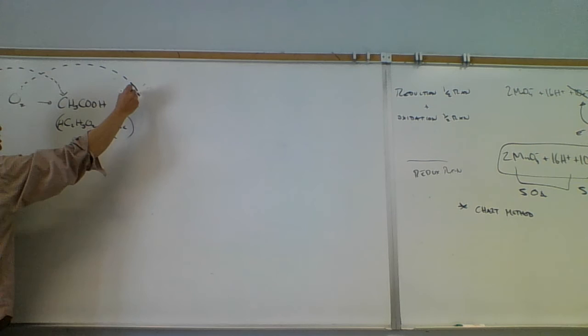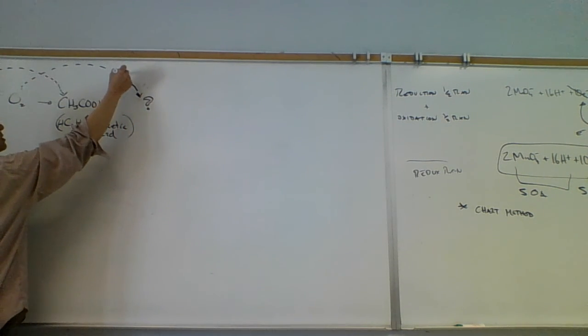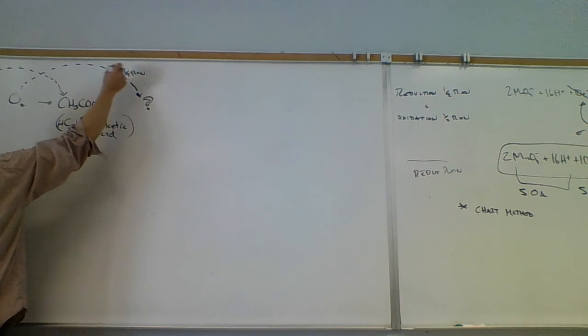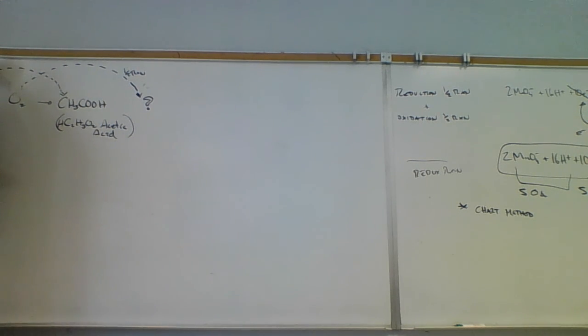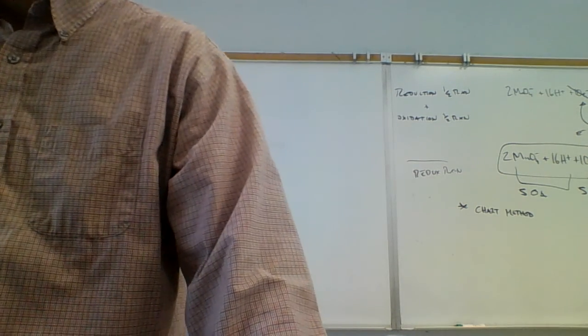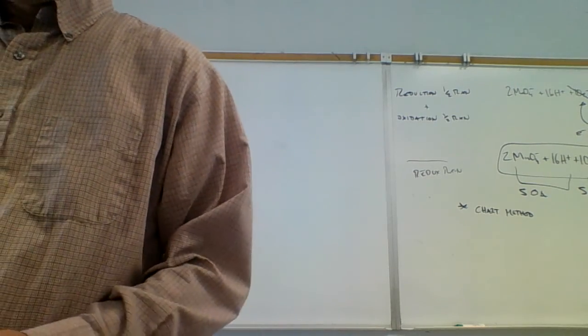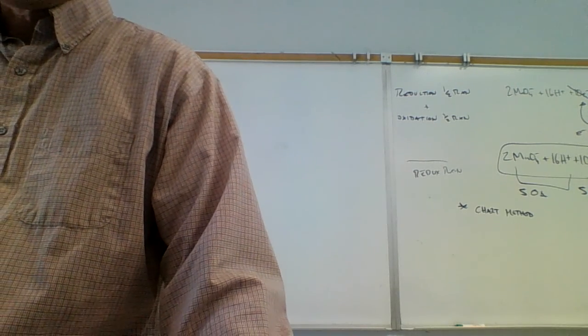I don't know what it went to. So let's just put a question mark here. And so this is the other half reaction there. And so the two half reactions are this here. And so why don't you finish the story for me here? Let's do a little mini quiz to get back into the swing of things here.